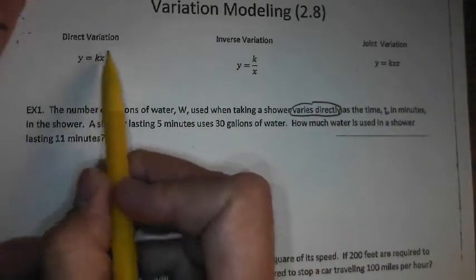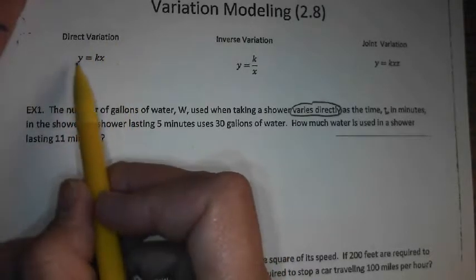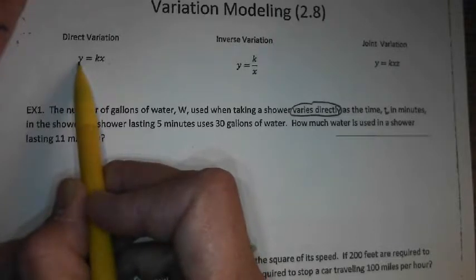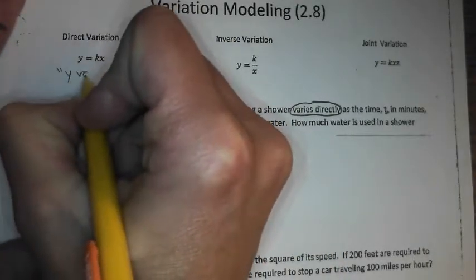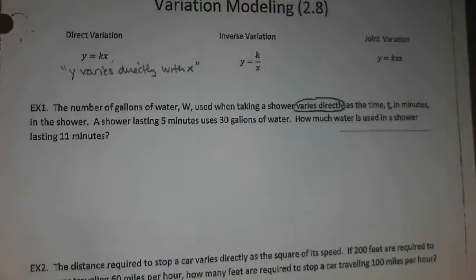Going back to this generic format, we would say that y varies directly with x. So I'm going to write that underneath. Y varies directly with x. The way that it's phrased is pretty critical.